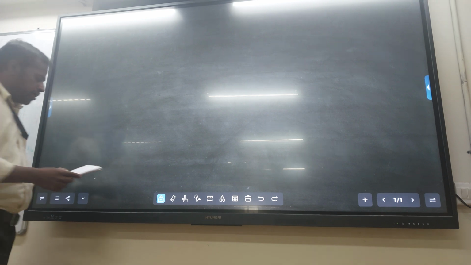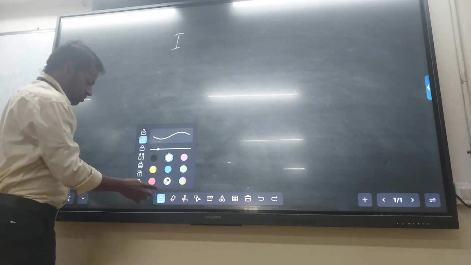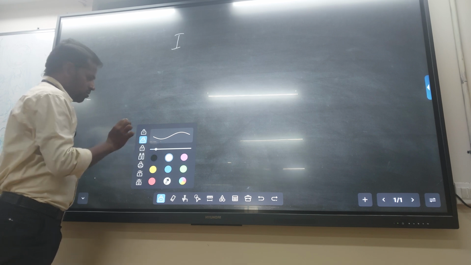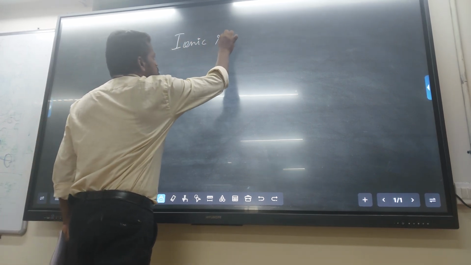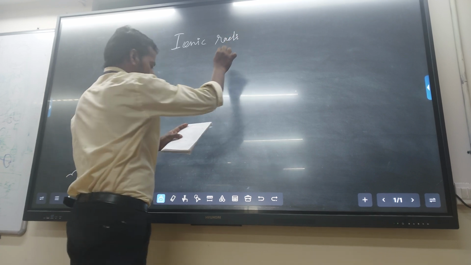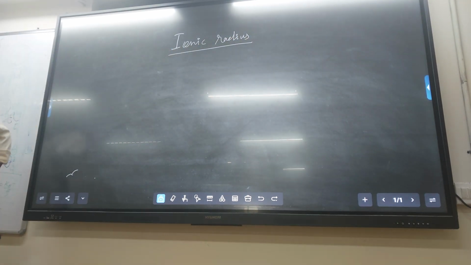Okay, today we go for the ionic radius. The concept is the same.